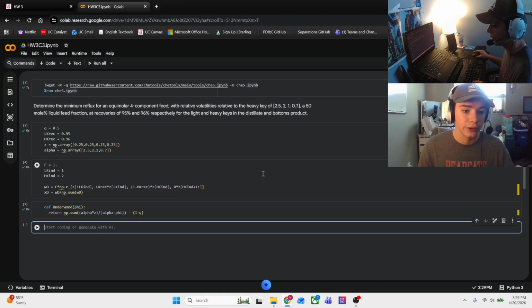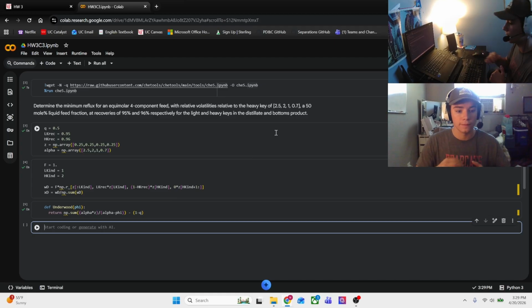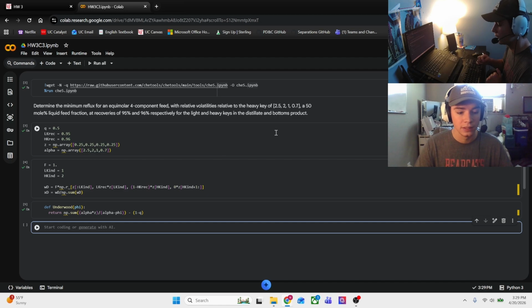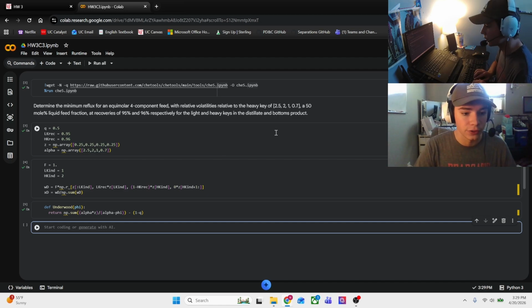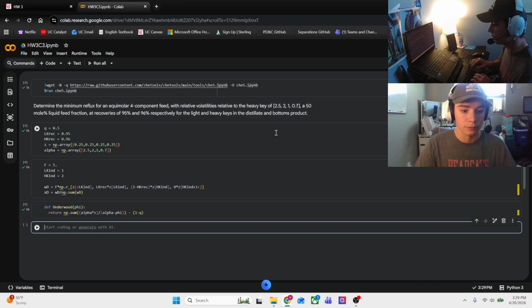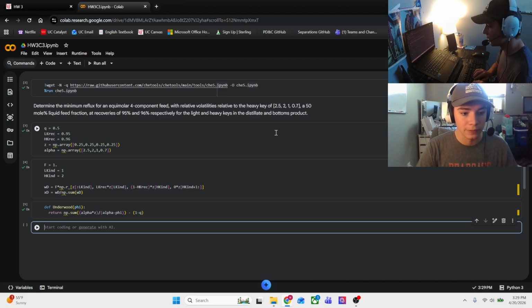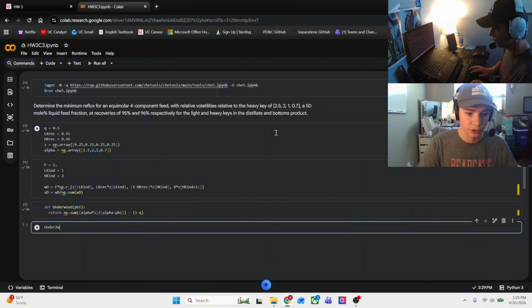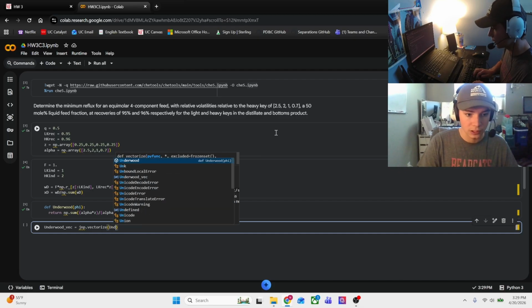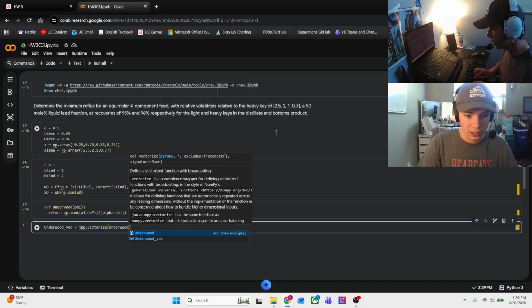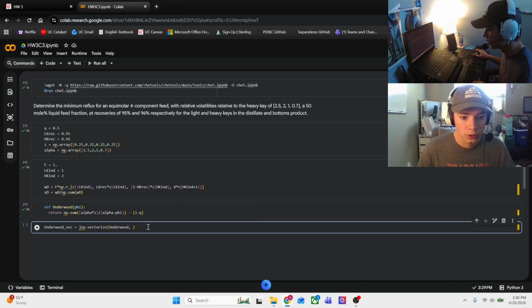And I think that we can go ahead and create our phi graph after we vectorize this Underwood function, as we're having several different values here. So we're going to say that Underwood vec is going to equal jnp.vectorize of our Underwood function above with the following signature.